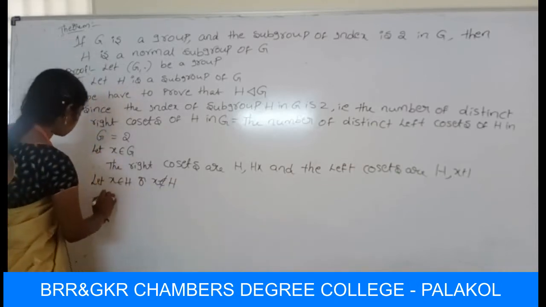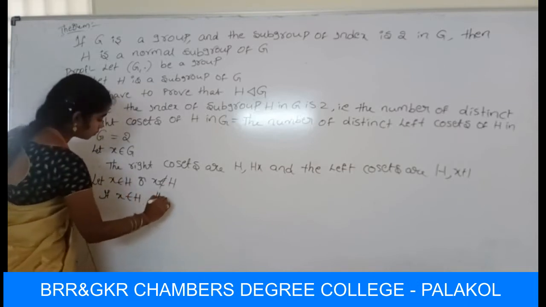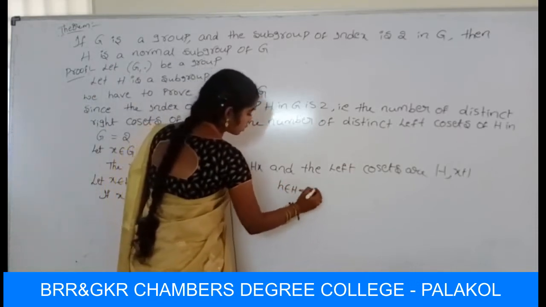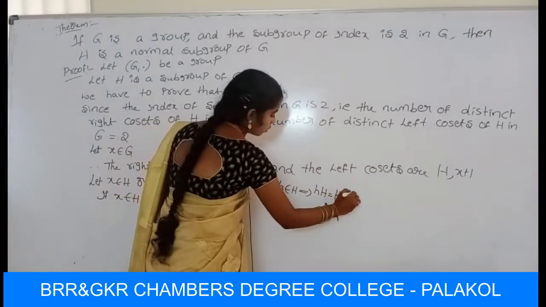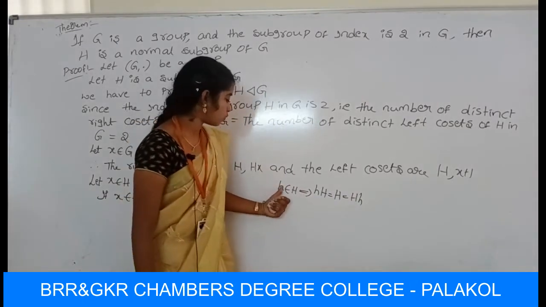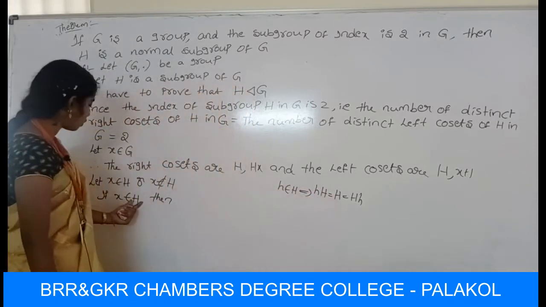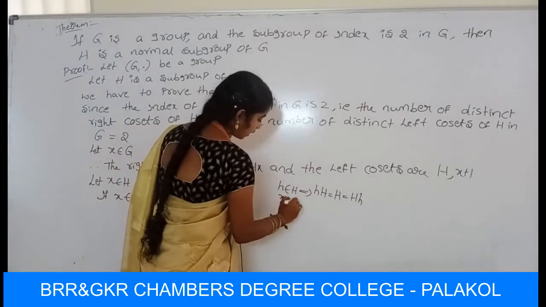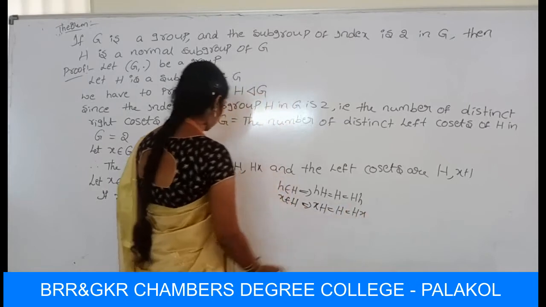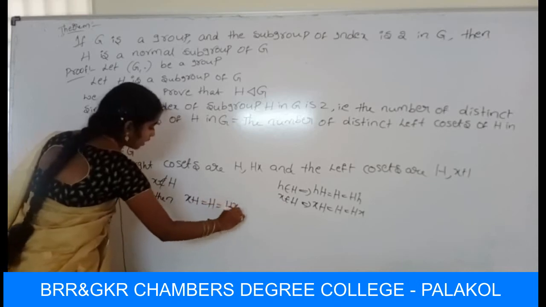If X belongs to H, then, as we already know from the previous class, X belongs to H implies XH equals H. Similarly, X belongs to H implies HX equals H. So XH equals H equals HX.